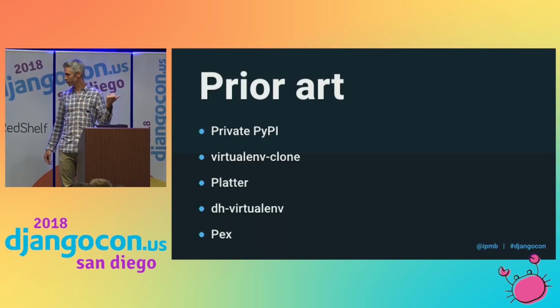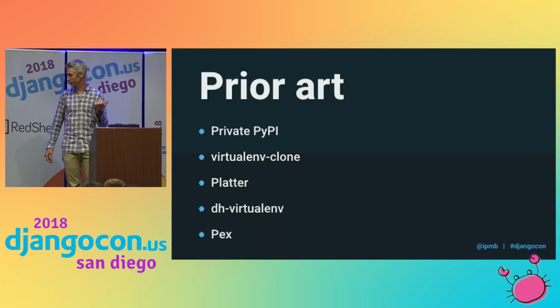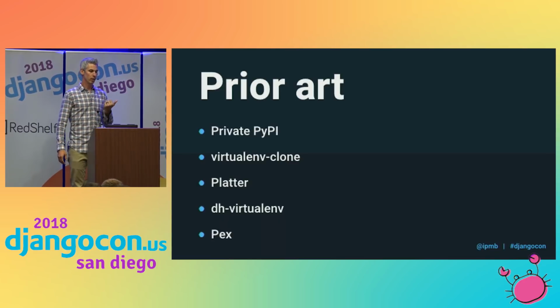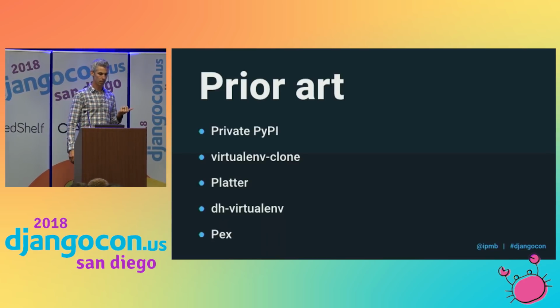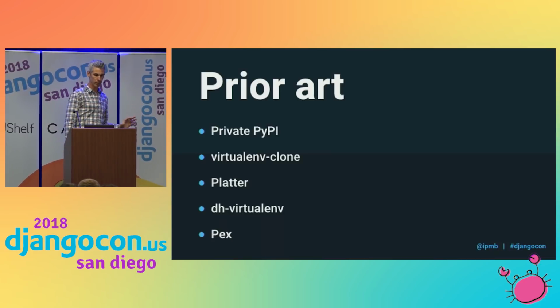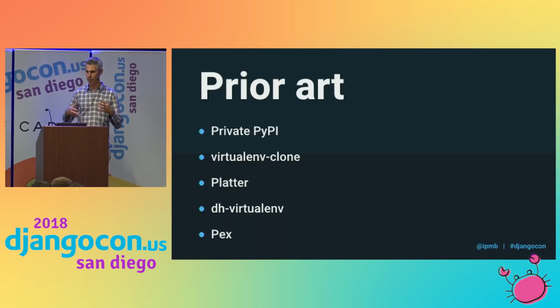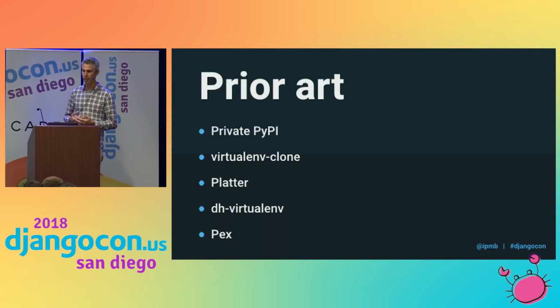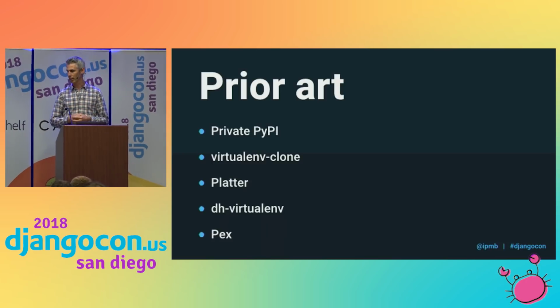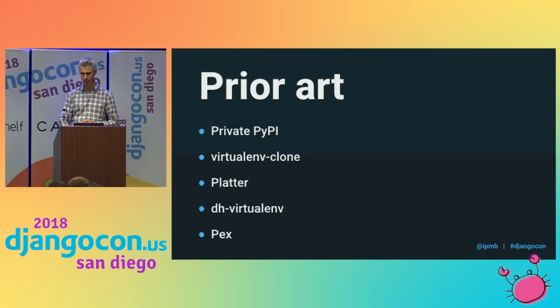PEX is an interesting one. It's been around for a long time. It's from Twitter, and it uses this concept from Python called zip applications. I always shied away from PEX. I'd heard it's slow, it's cumbersome, it's hard to use. So it's not something I ever saw as a viable solution. But zipapps are interesting.